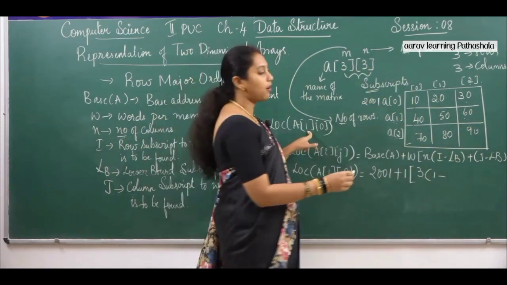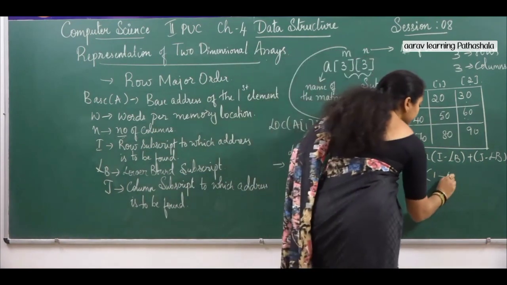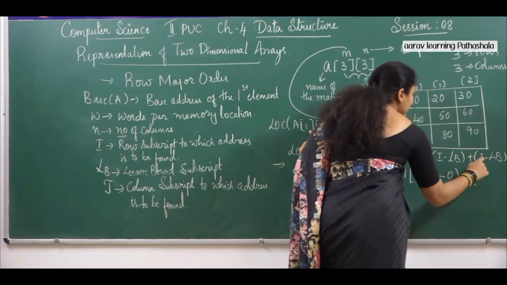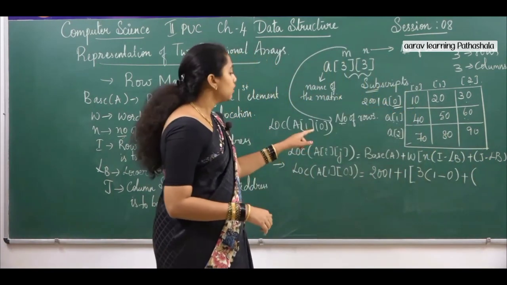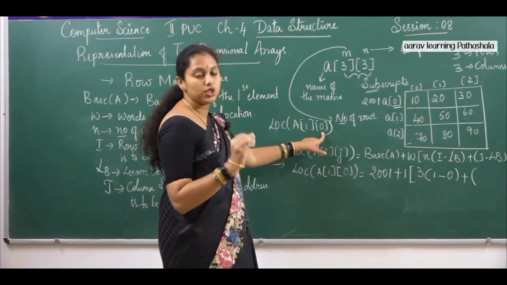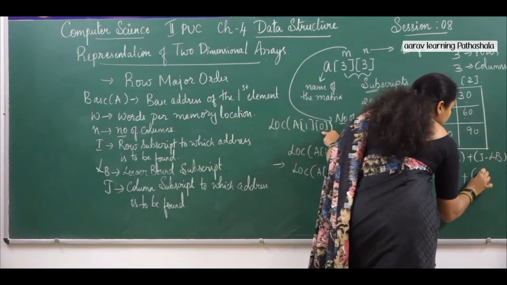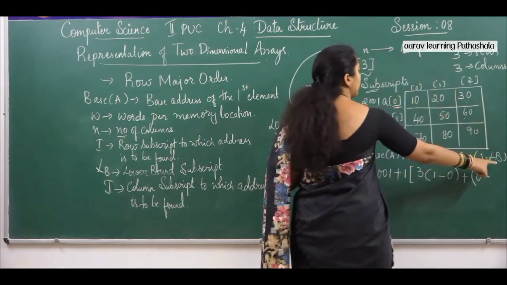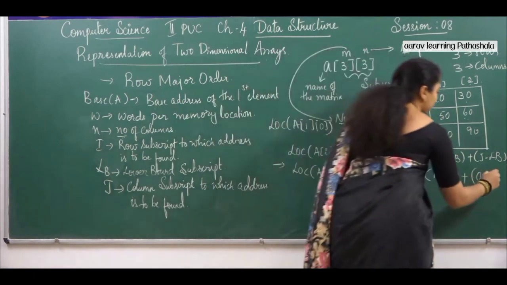What is the lower bound? The lower bound is 0, plus J minus. So what is J? J is nothing but the column subscript to which we have to find the address. So the value of J is 0, minus lower bound. What is the lower bound? That is 0.